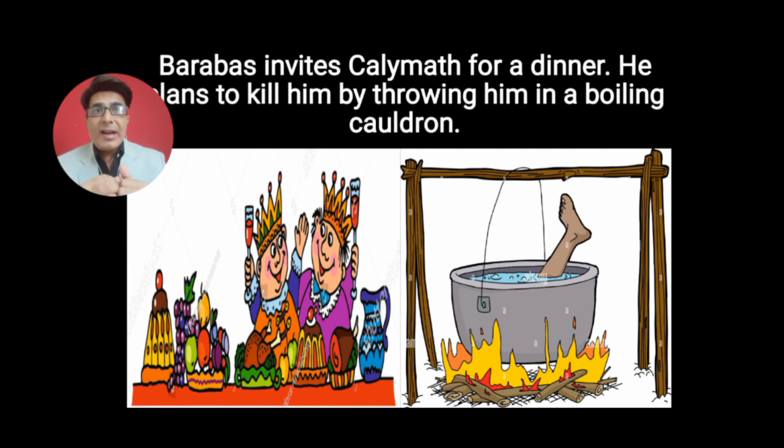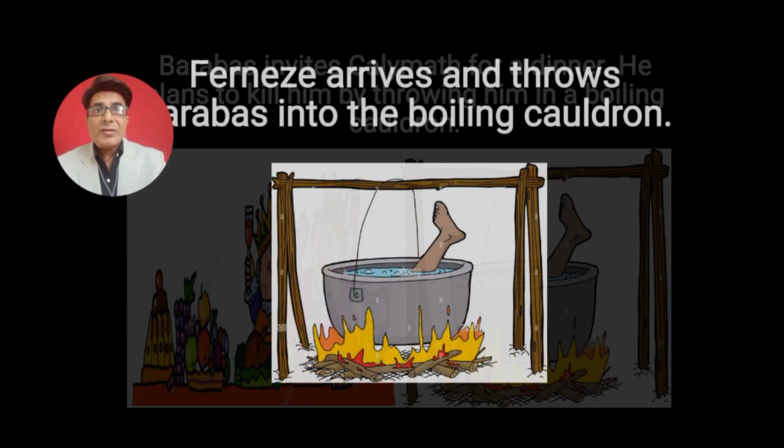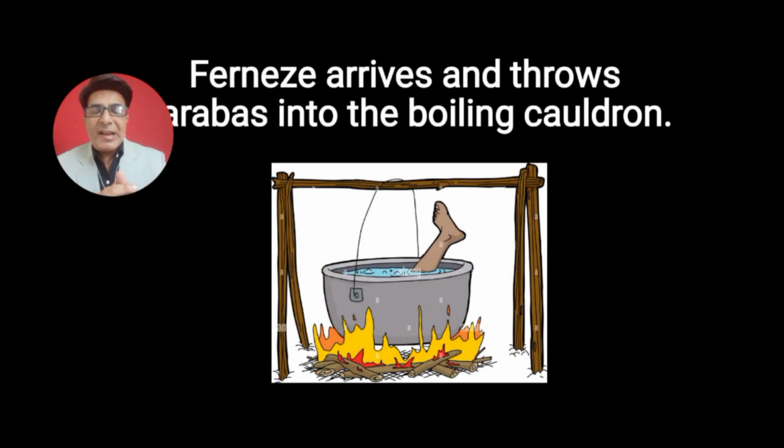Barabas then invites Calimat to a dinner party, and he plans to kill him by throwing Calimat in a boiling cauldron. But unfortunately, against his plan, Furnish had already planned to capture Barabas and throw him into the same boiling cauldron which he had prepared for Calimat.